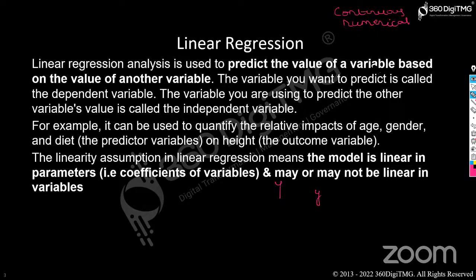Hence, it is called linear regression. Since linear regression shows the linear relationship, it finds out how the value of the dependent variable is changing according to the value of the independent variable.